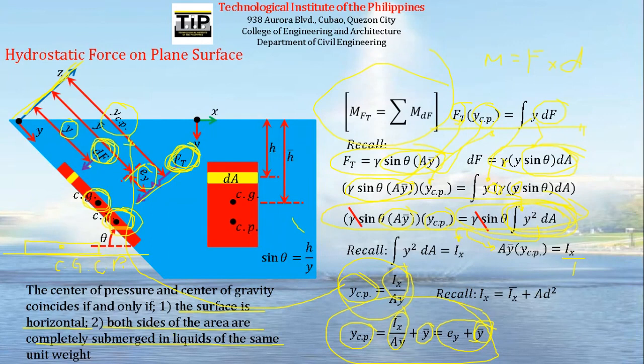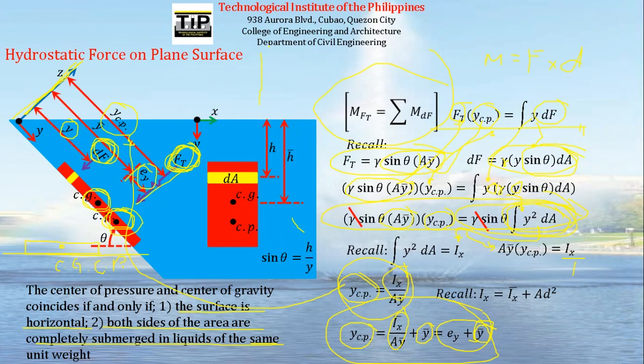So hindi pwede na yung isang portion is exposed sa air and then yung the rest is submerged sa tubig. So hindi paparehas yung center of gravity and center of pressure. No? Okay. Kailangan uniform din yung unit weight. Okay, so homogeneous yung fluid all throughout dun sa plate. Okay. So these are the two conditions that must be satisfied para mag-coincide yung center of gravity at center of pressure.